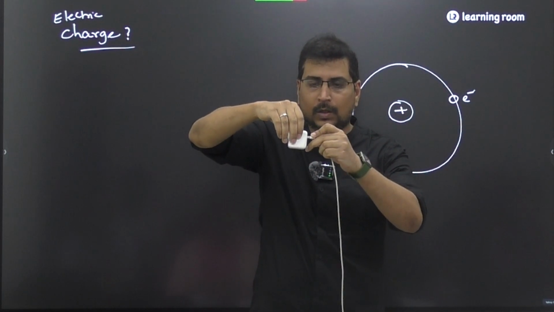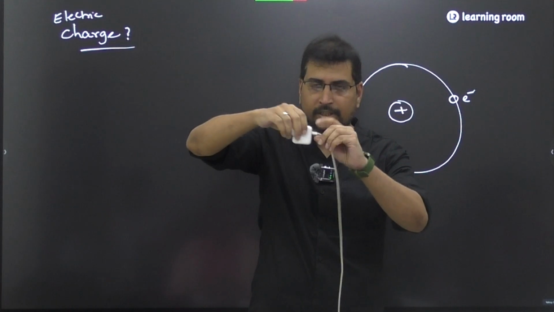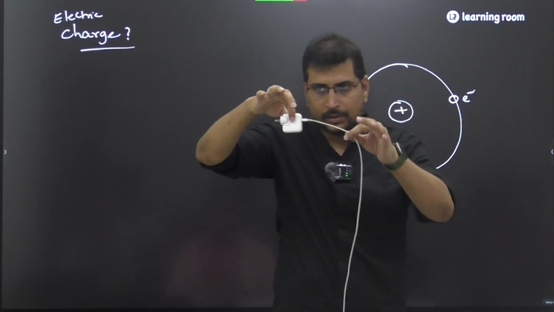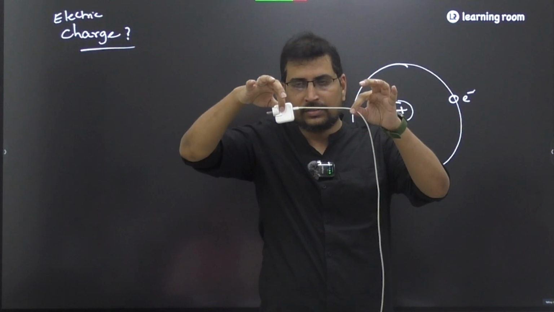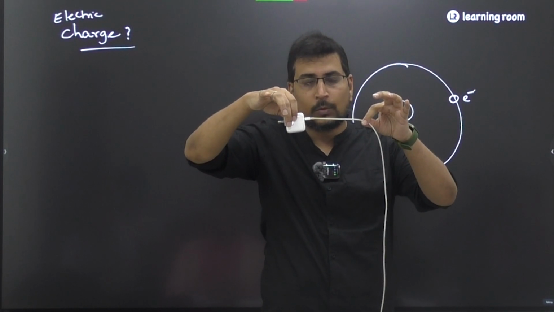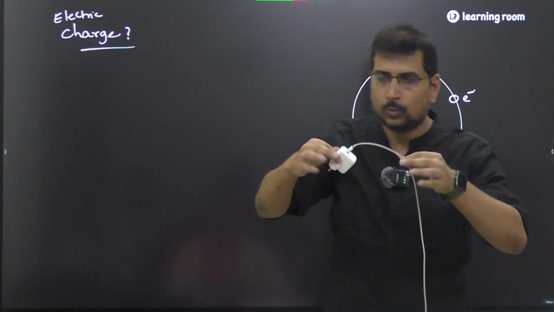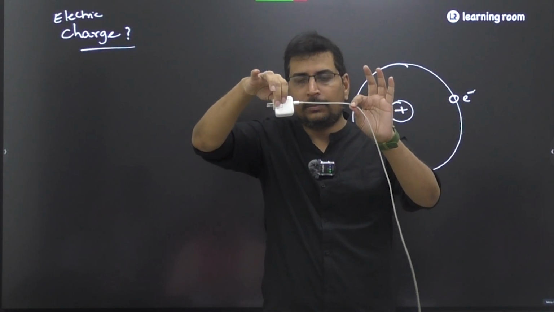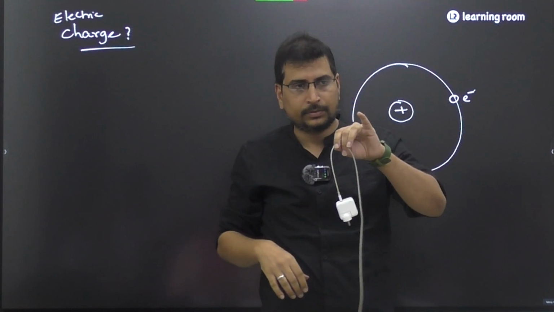If I connect a wire here and hold it here, observe. If I release it, what will be the path? It will be a curved path. I don't know what is the name of that curve, but it is going to be a curved path, traveling like this.